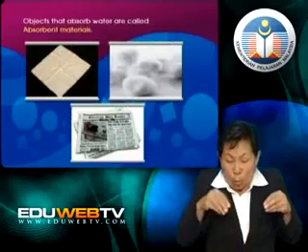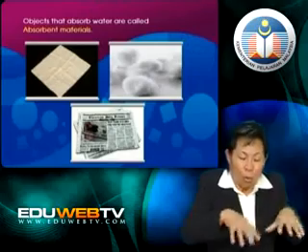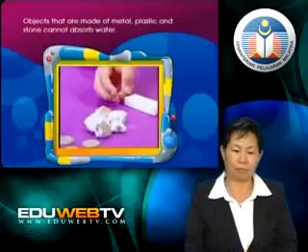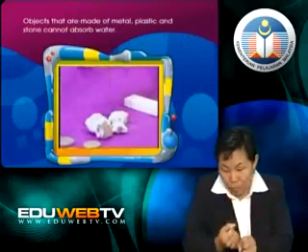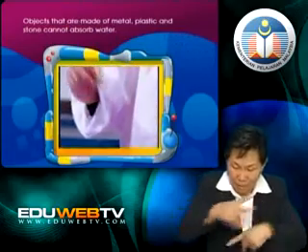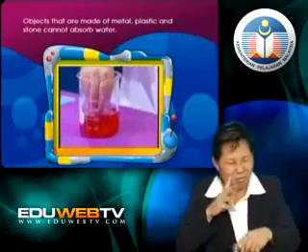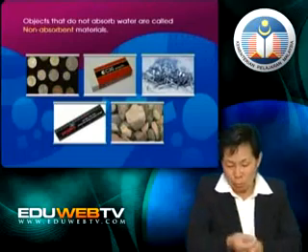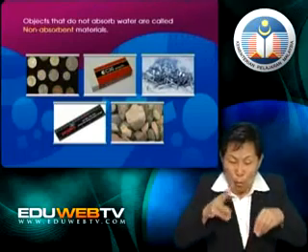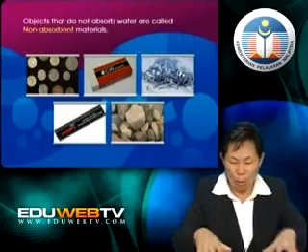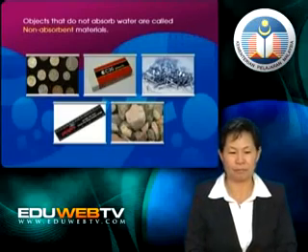Objects that absorb water are called absorbent materials. Objects that are made of metal, plastic and stone cannot absorb water. Objects that do not absorb water are called non-absorbent materials.